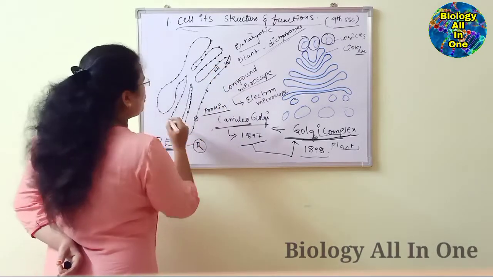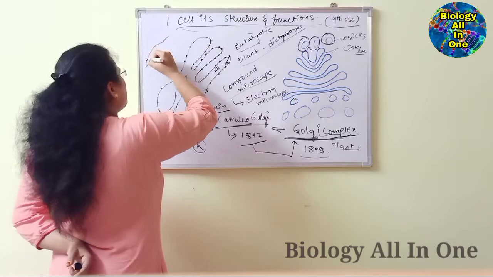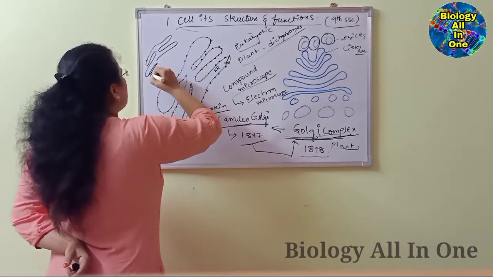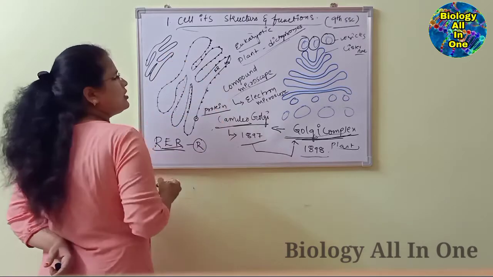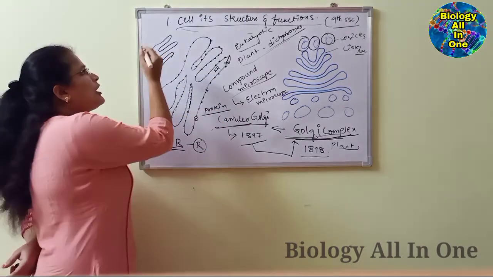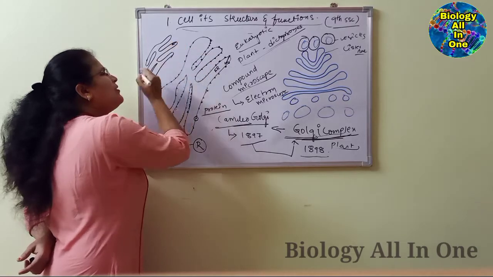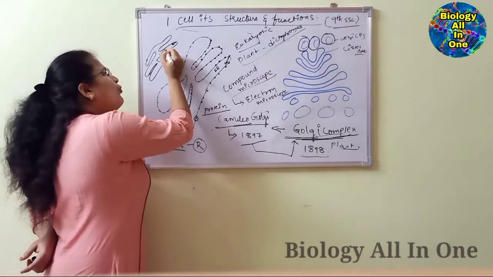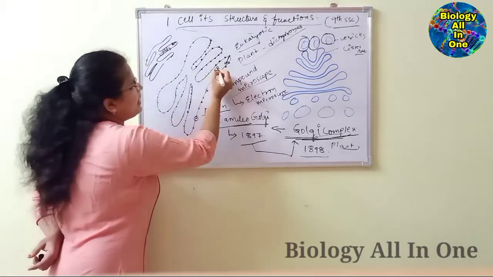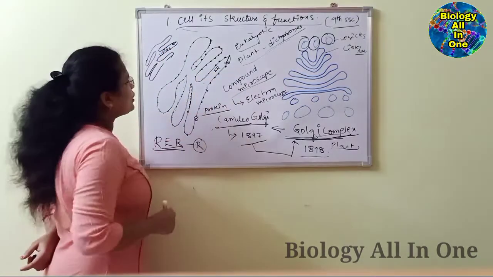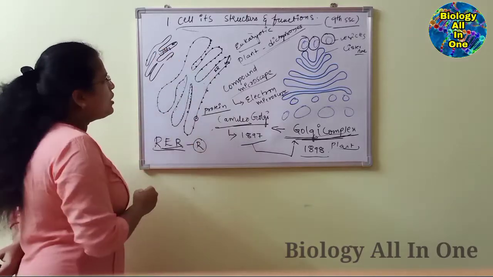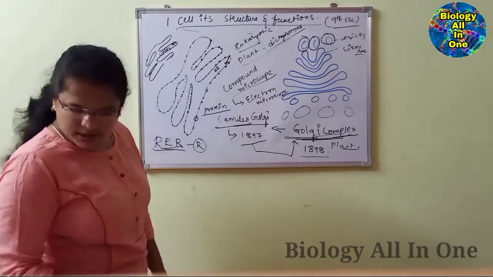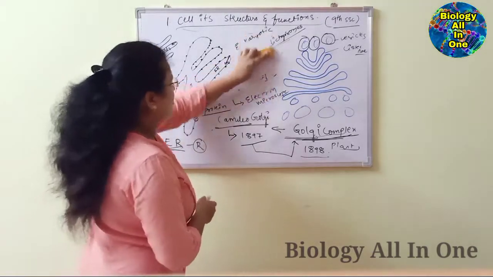If you observe the smooth endoplasmic reticulum, it is very near to the nucleus. Here the smooth endoplasmic reticulum releases lipids. Whatever is released here, proteins and lipids, both move along the endoplasmic reticulum.